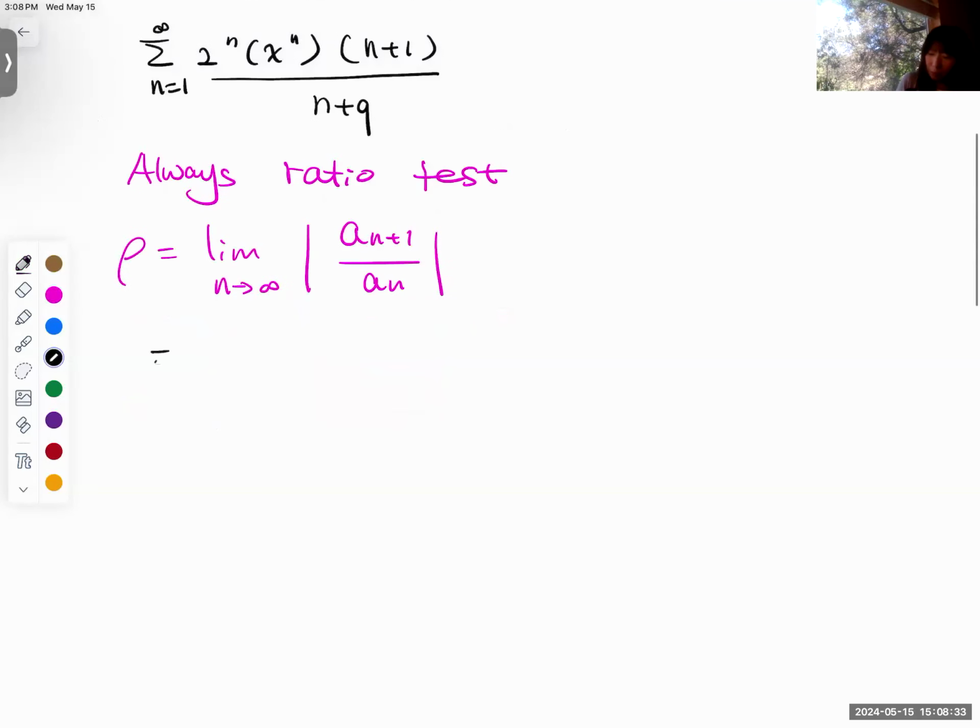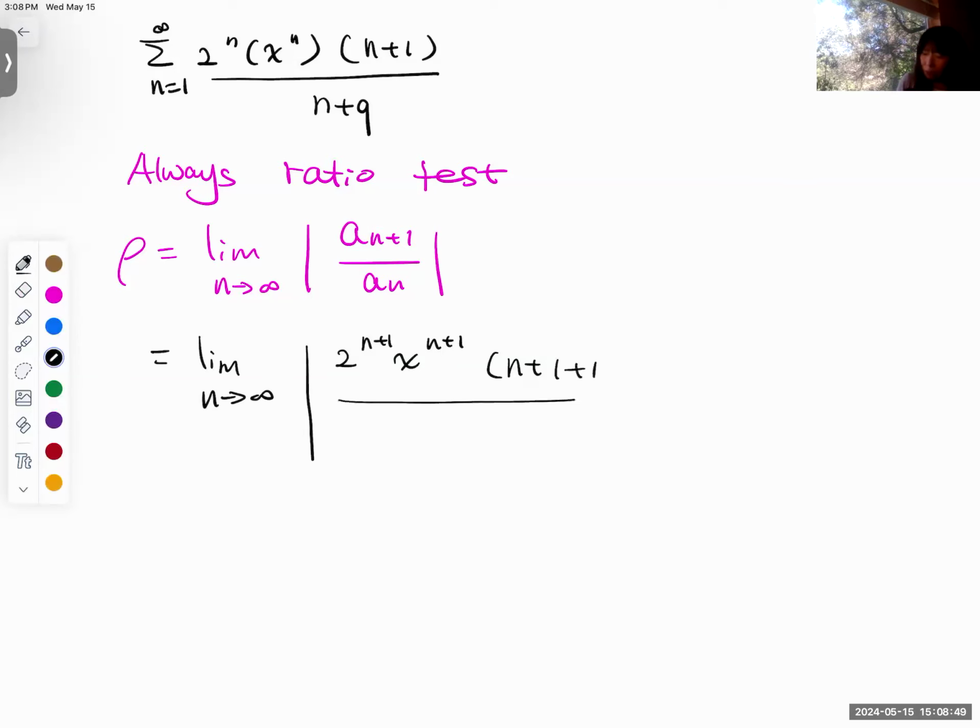So that will be the limit as n approaches positive infinity of 2 to the n plus 1, x to the n plus 1, times n plus 1 plus 1, all over n plus 1 plus 9, and then times the reciprocal of the second fraction, so n plus 9 over 2 to the n, x to the n, n plus 1, right?